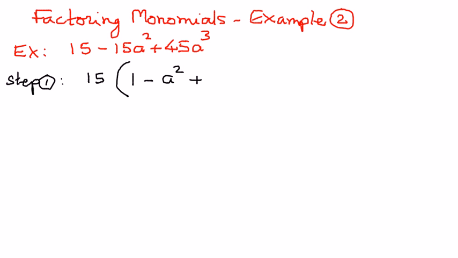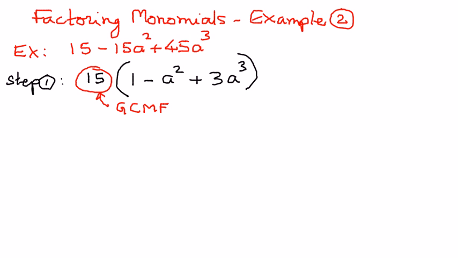Then plus 15 times 3 is 45, and then I can write a cubed next to that. So therefore, we have factored the given trinomial in this manner, and the greatest common monomial factor in here is 15. This is the greatest common monomial factor, and that is the way we want to be able to express these types of problems.